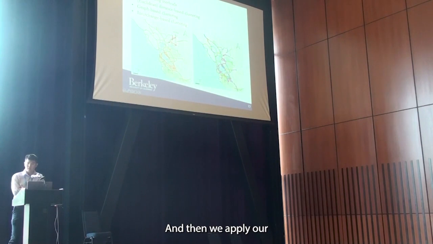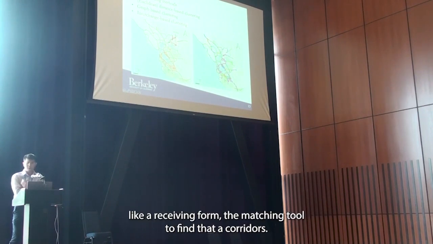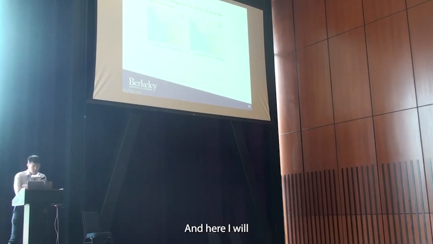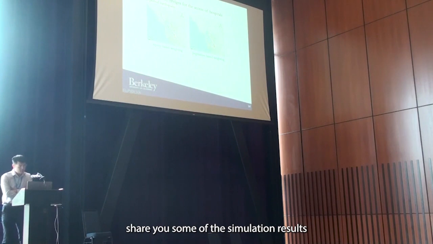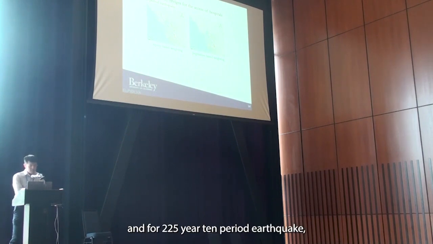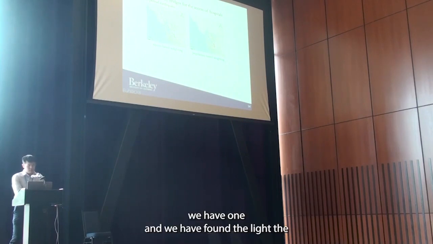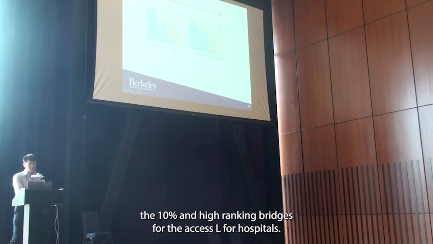Then we apply our risk-informed metric to find the critical corridors. And here I will share some of the simulation results. For the 225-year return period earthquake, we found the 10% highest-ranked bridges for the access of hospitals.